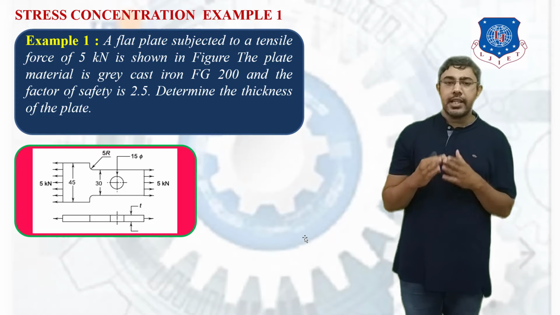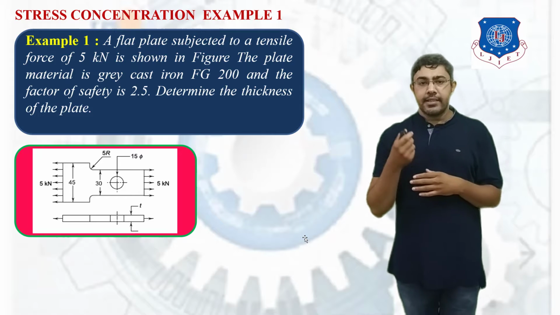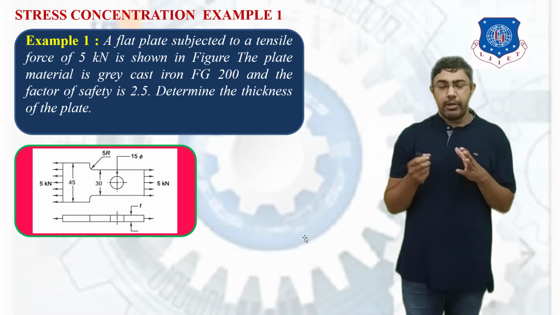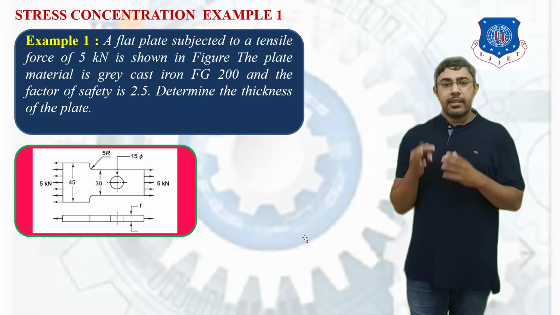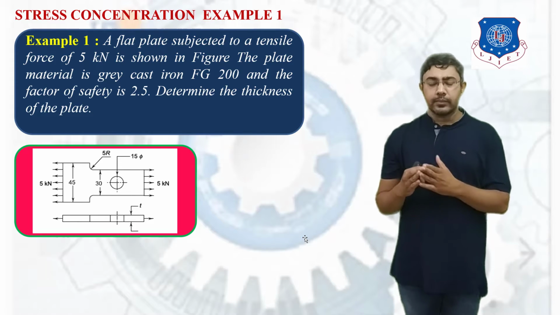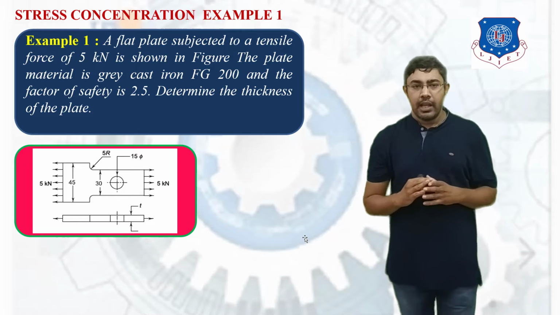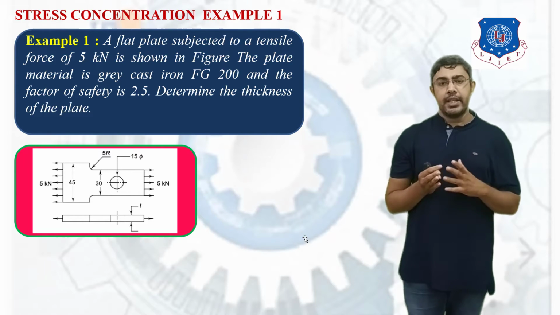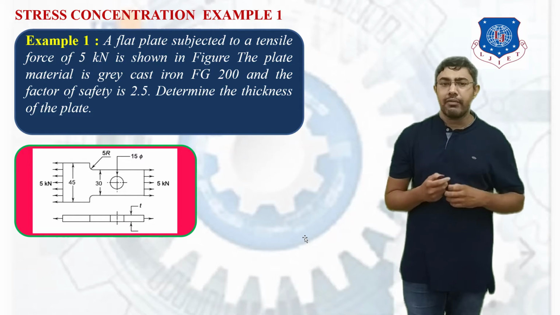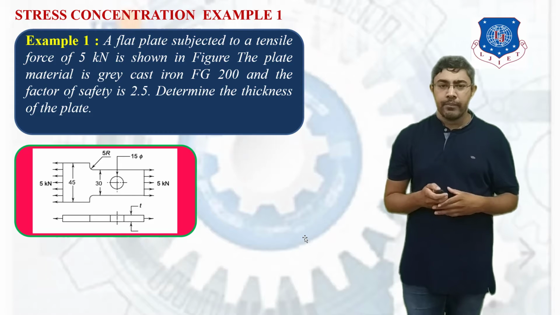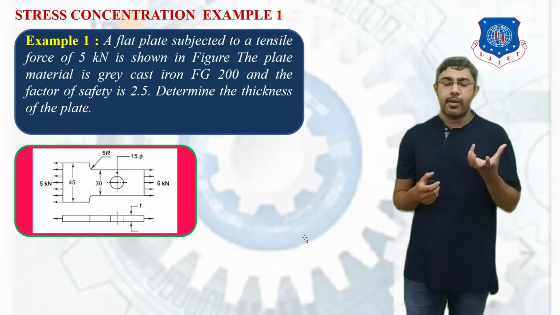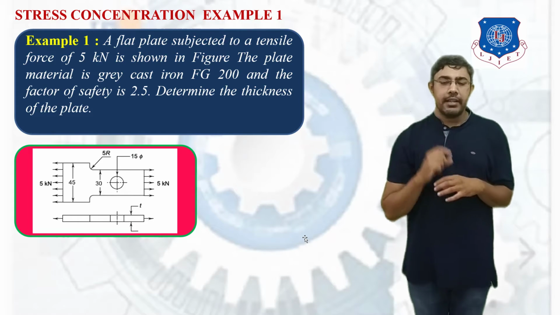The plate thickness is T. The plate material is grey cast iron FG200, with ultimate strength SUT of 200 N/mm², and the factor of safety is 2.5. In this problem, we have to determine the thickness of the plate according to the given conditions.